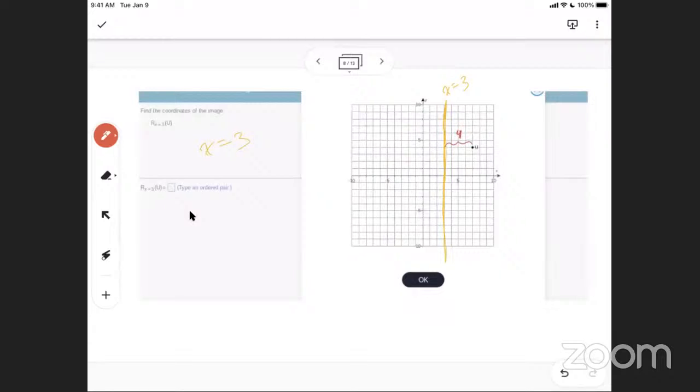Okay, so I have to go 4 units to the other side, which would put me at 4 and -1. But which one comes first, the 4 or the -1? The -1. Good. So -1 and 4. Got it? Yep.